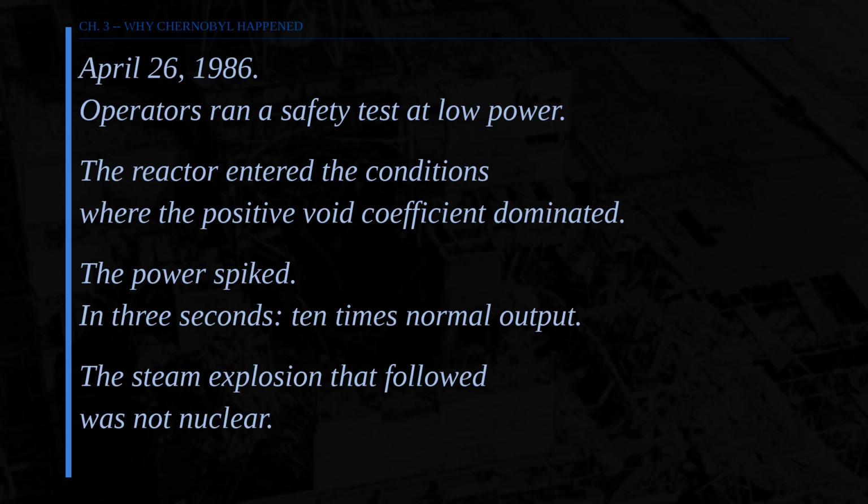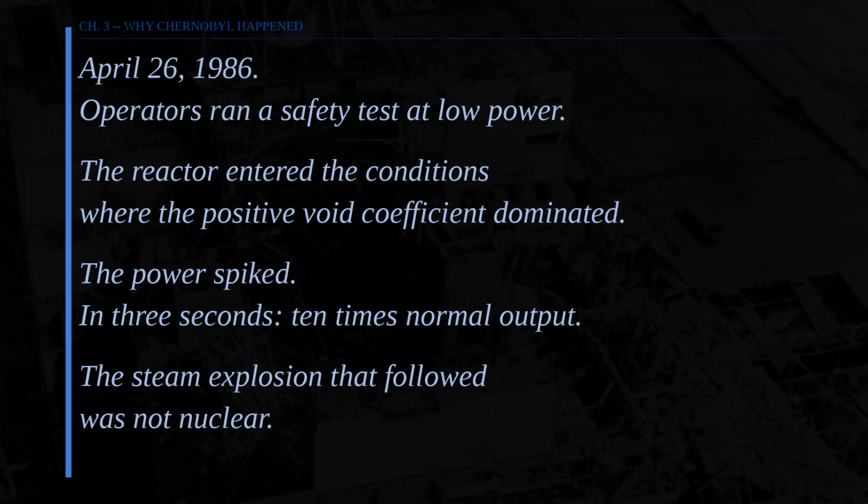Getting the reactor to that power level took longer than expected, creating a delay that left the reactor in an unstable state. When the test finally began, the reactor was in exactly the operating conditions where the positive void coefficient was most pronounced. Coolant began to boil, steam voids formed, the reactivity increased, the power began to rise.